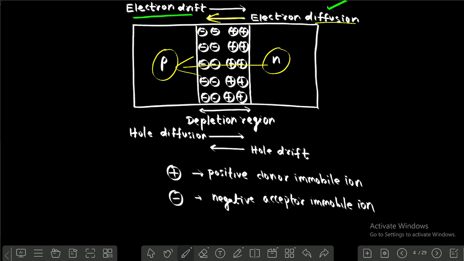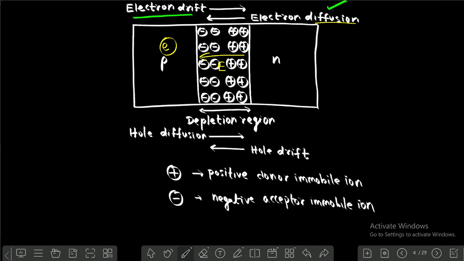Check the diagram you must do. Now the electric field is like this, positive and negative. Electrons always move opposite to the direction of the electric field.